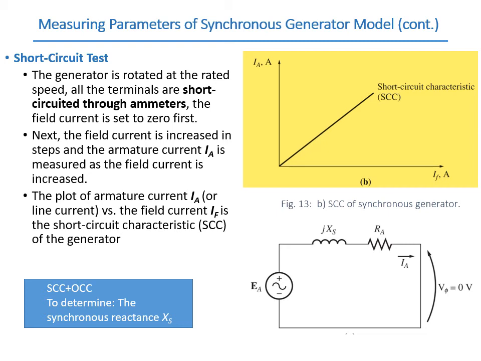From this set of values, we can create the plot as shown in the yellow box, and this plot is called the short circuit characteristics, or SCC, which is the plot of IA against IF.